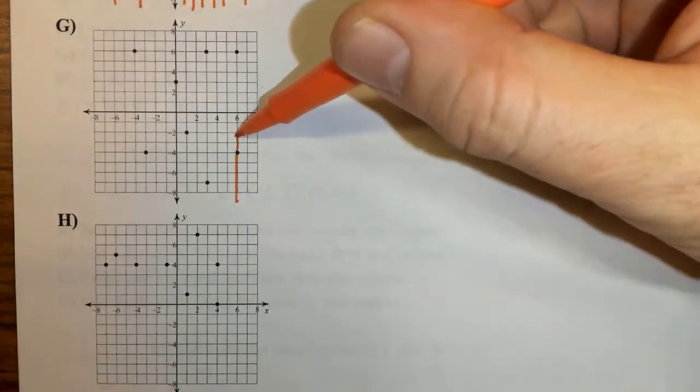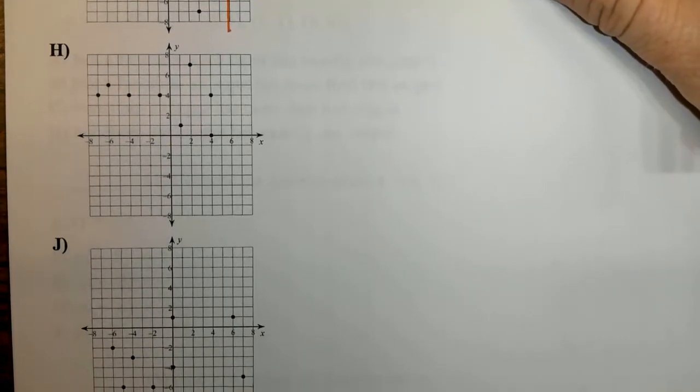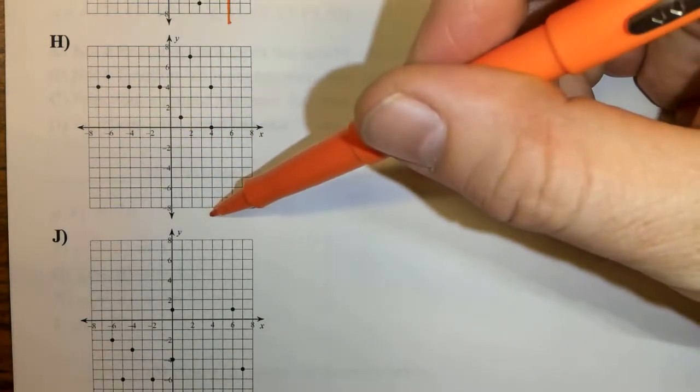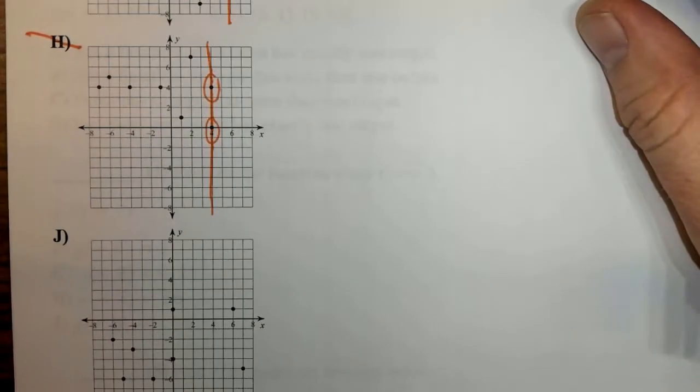Look, I draw a vertical line, and it passes a point here and here on the same line. So because it passes more than once, that is not a function. Okay, H. If I draw a vertical line, look, it already passes through 2 points at the same time, which makes that not a function.